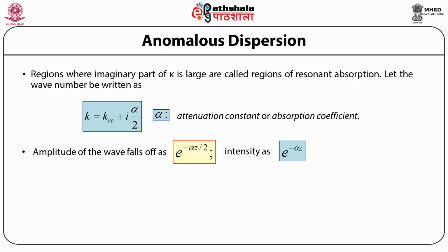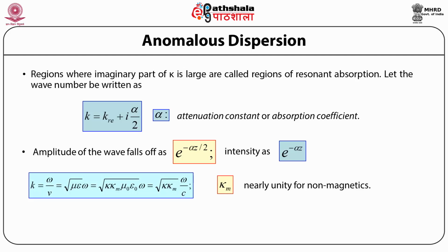Now the relation between the wave number and dielectric constant is given by k equals omega by v, which equals square root of mu epsilon times omega, equals square root of K_m K mu naught epsilon naught times omega, equals square root of K_m K into omega by c.